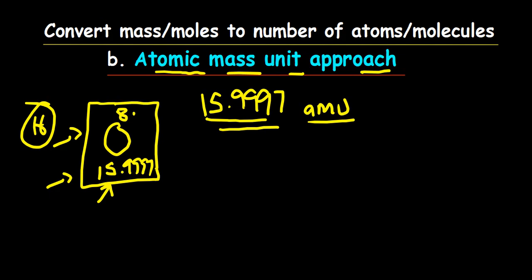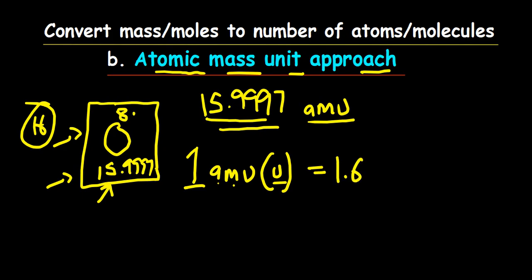It states that if you have one atomic mass unit, this atomic mass unit can also be represented by just writing a U like that. So instead of writing atomic mass unit, you can just write U. So one atomic mass unit is equal to 1.661 multiplied by 10 to the power minus 24 grams.